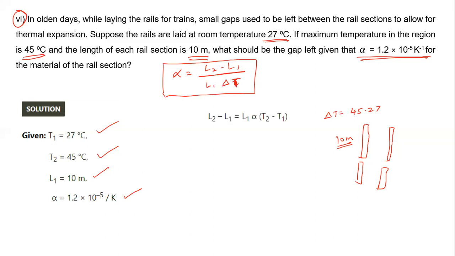So L2 minus L1 is equal to L1 alpha delta T, where delta T means T2 minus T1. Now let me substitute the values. After substituting the values, we get the change in length as 2.16 into 10 raised to minus 3 meter. This is the increase in length. So that much gap we have to maintain between the two rails, 2.16 mm.